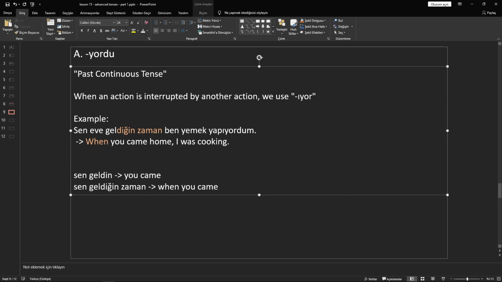Yes, Sami, exactly. But in this lesson, I will not talk about the differences between these participles. That's a lesson for another day. Yes, domates, exactly. Geldiğin zaman is always used in this kind of advanced combinations.